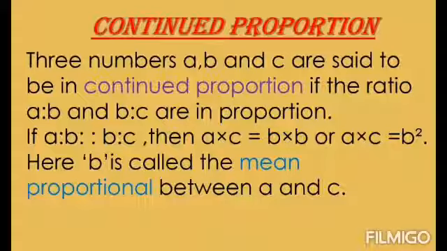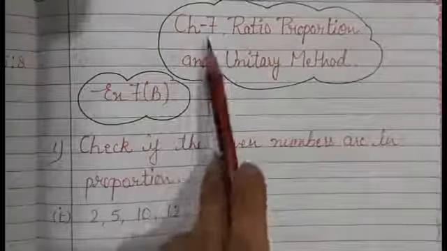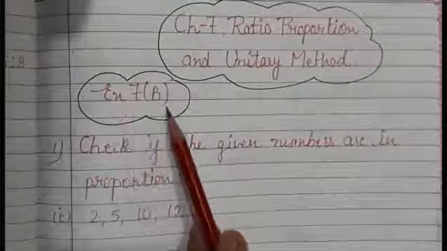If A is to B as B is to C, then A into C is equal to B into B. Product of extremes is equal to product of means. So B square equals A into C, where B is called the mean proportion between A and C.